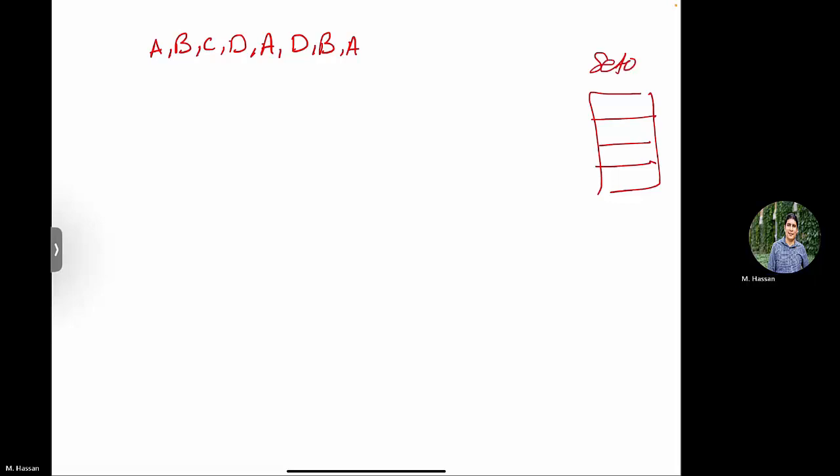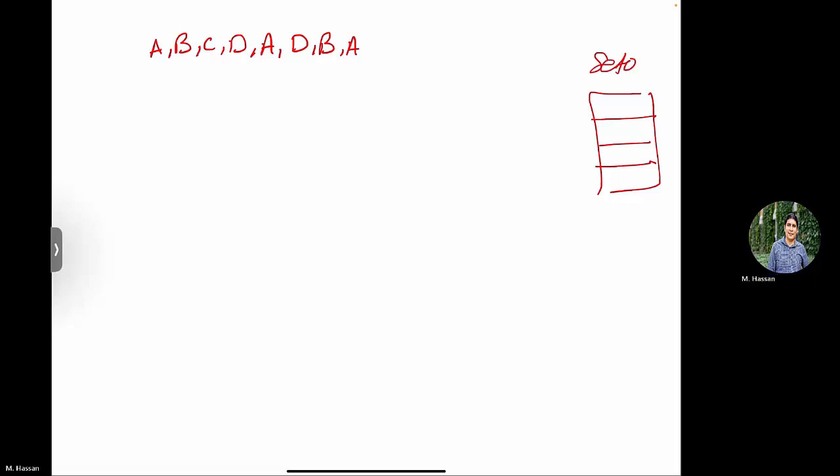Let's say A, B, C, D, and then say A again, and then D, and then B, then E again, okay? And assume I have a four-way set associative cache, and all of these are mapped to the same set, so we'll only focus on that set, right? Assume that all of them are mapped to set 0.